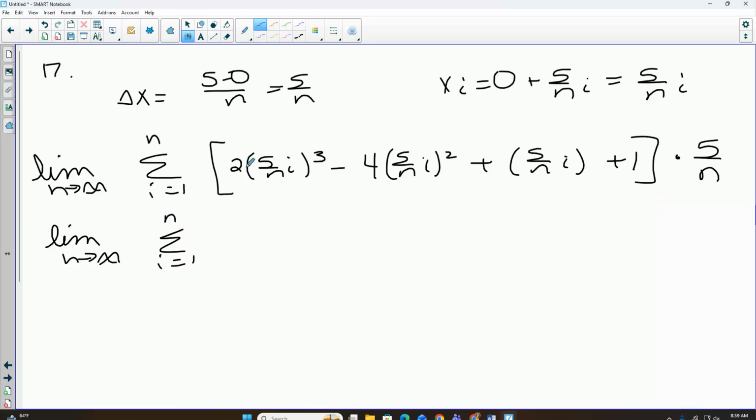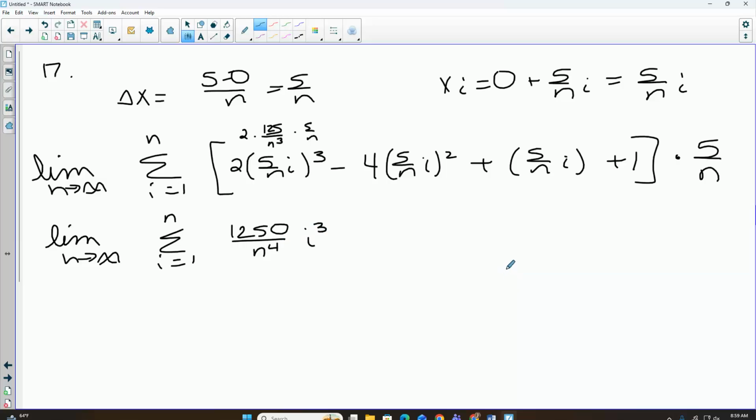All right, so if I multiply all this out, I'm going to try to do it all in one step, but if I lose you, tell me. So this would be 125 over n cubed. I have to multiply it by the 2 and by this 5 over n on the outside. So 250, so it would be 1250 over n to the 4th, i cubed.